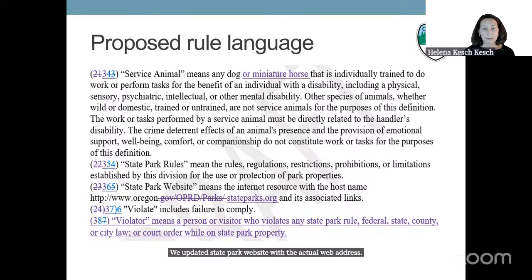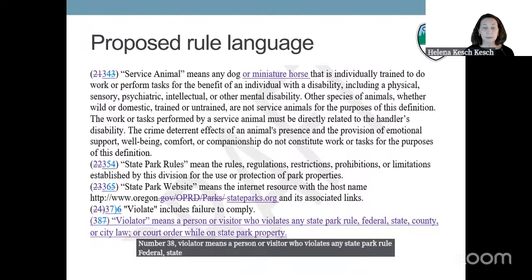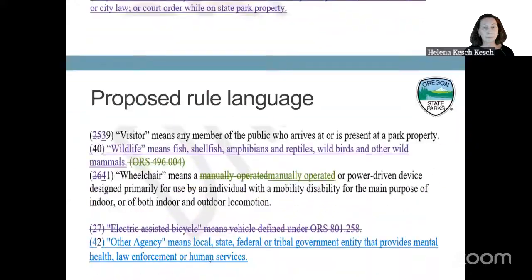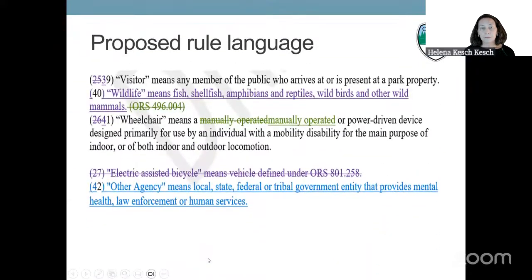Number 38, violator means a person or visitor who violates any state park rule, federal, state, county, or city law, or court order while on state park property. 40, wildlife means fish, shellfish, amphibians and reptiles, wild birds, and other wild mammals.